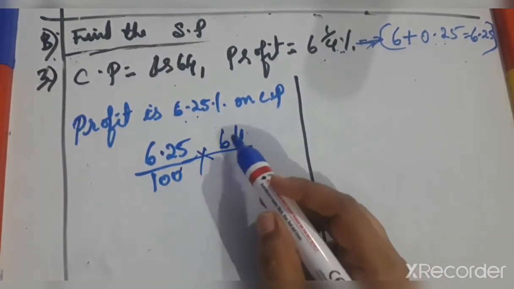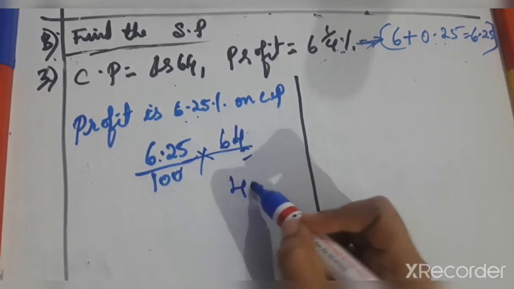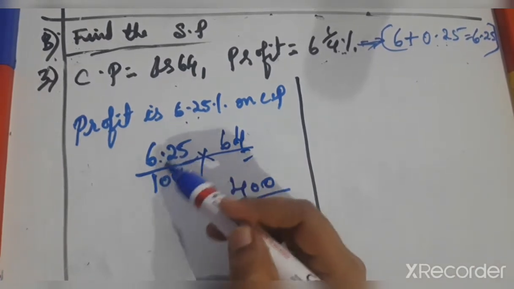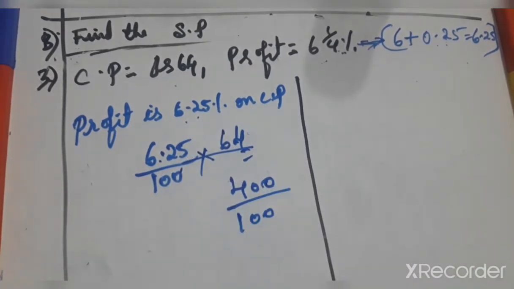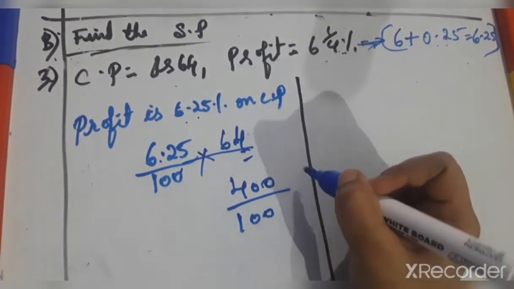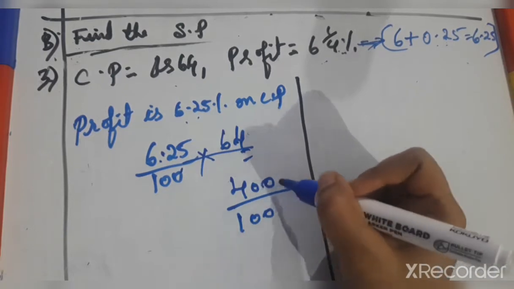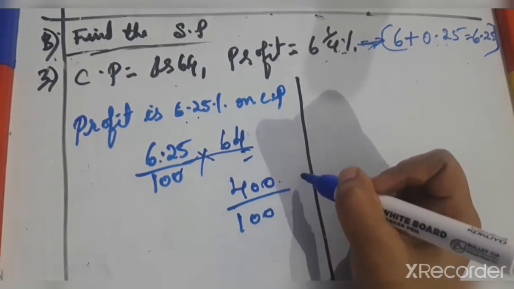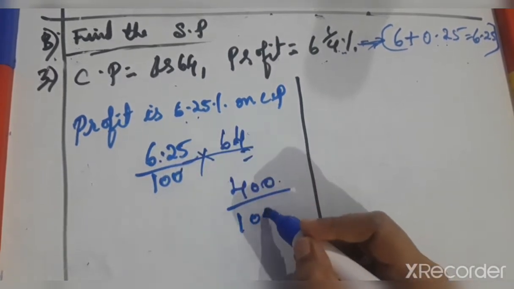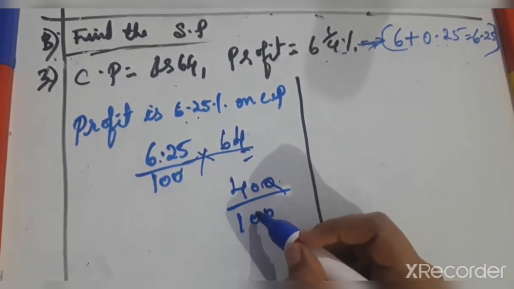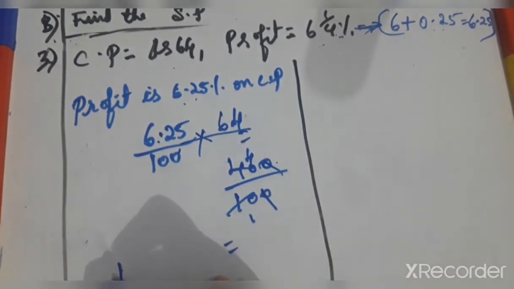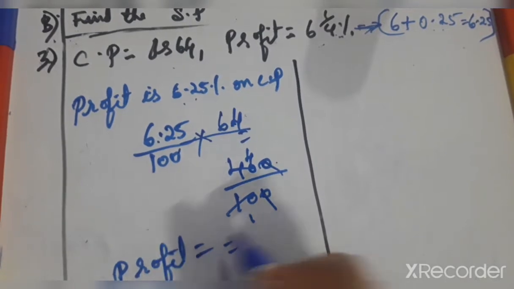This is an easy way; otherwise, divide. So if you multiply, you get 400.00. 400.00 means 400; after the decimal point 0 we can ignore it. So 64 into 6.25 is 400. Now 0 cancel. 10 ones are 10, 10 fours are 40. So the profit is 4.